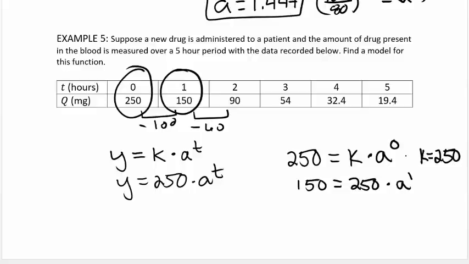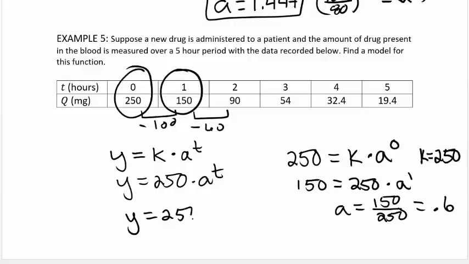Well, that's helpful. A to the 1 is just a, so I just have to divide both sides by 250. So a is 150 divided by 250, and that's going to give me 0.6. So my a here is 0.6. So now my model is y equals 250 times 0.6 to the t.